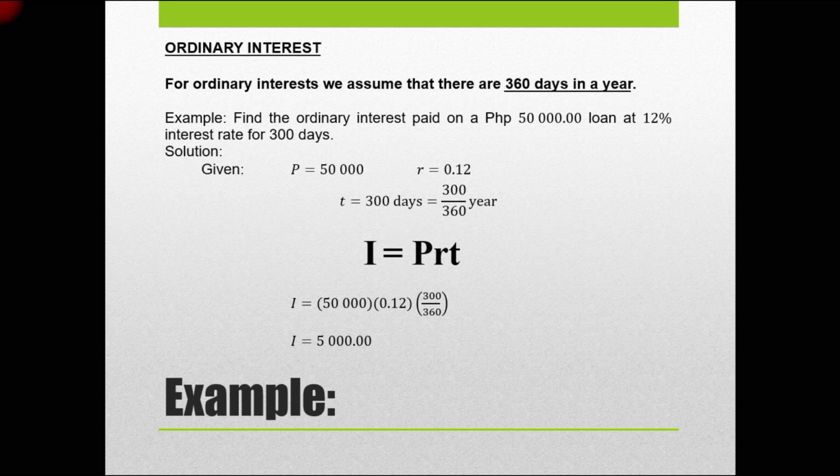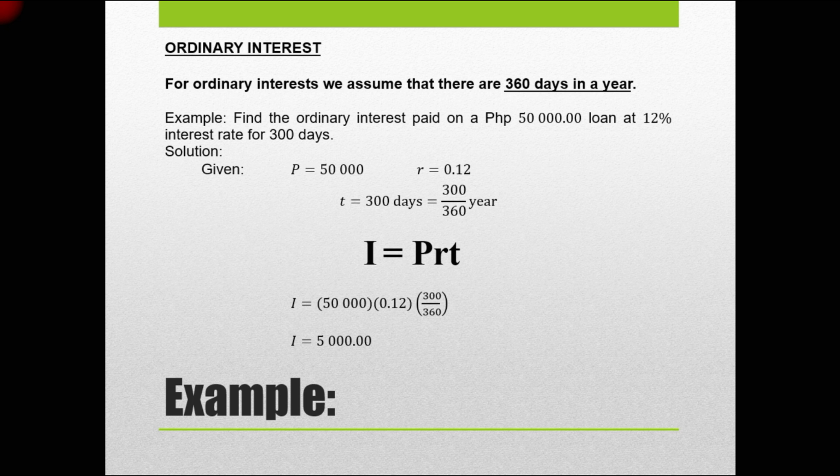To begin with, let's have ordinary interest. For ordinary interest, again, we assume that there are 360 days in a year. So, for example, find the ordinary interest paid on a 50,000 pesos loan at 12% interest rate for 300 days. Okay.